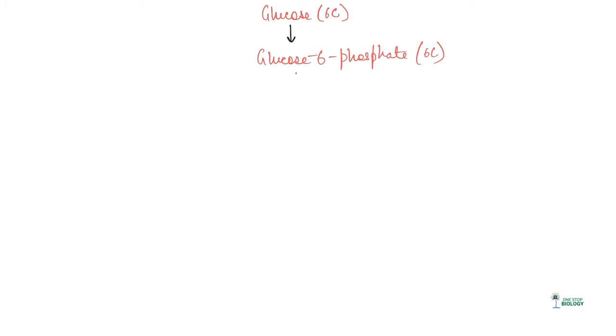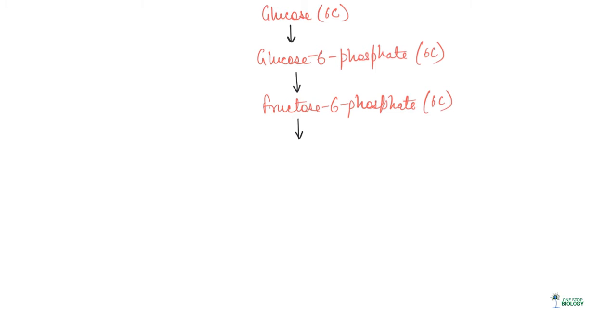Now from glucose 6 phosphate, the phosphorylated form of glucose, it isomerizes to form fructose 6 phosphate. Again a 6 carbon compound.